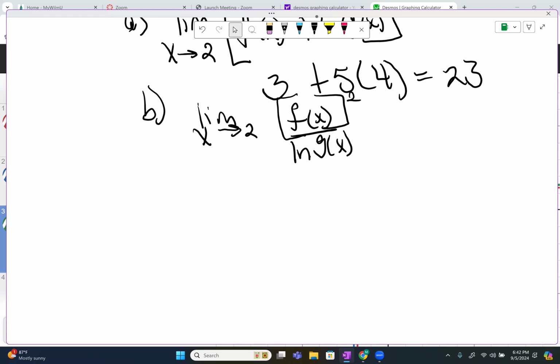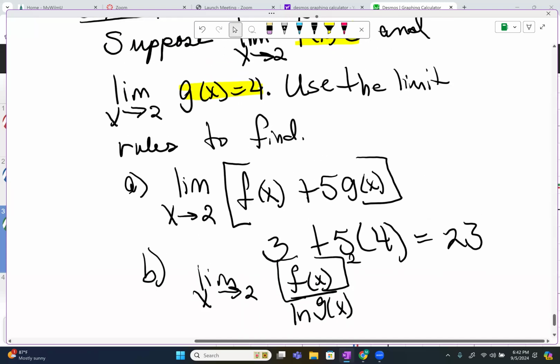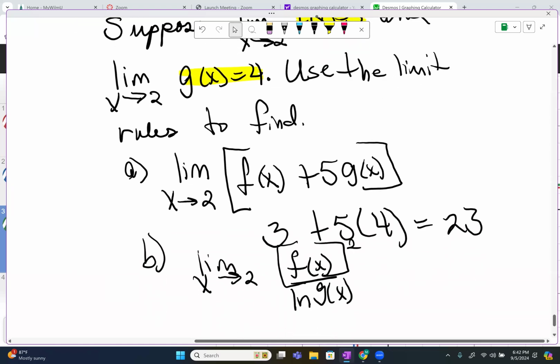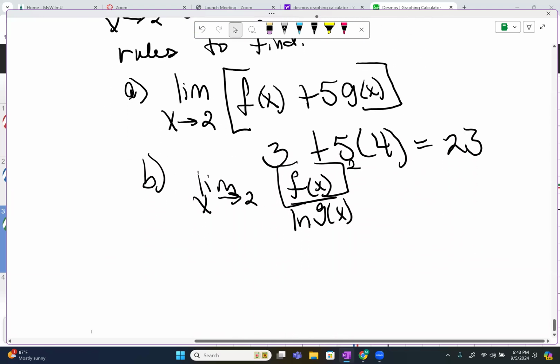What do you think that becomes? Remember, f of x is 3 and the limit of g of x becomes 4.